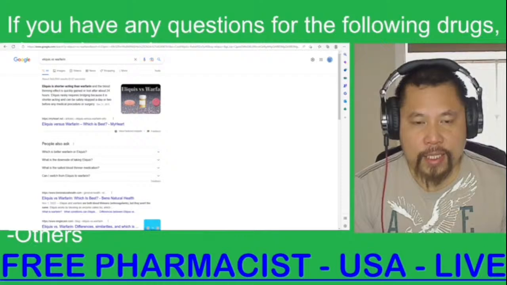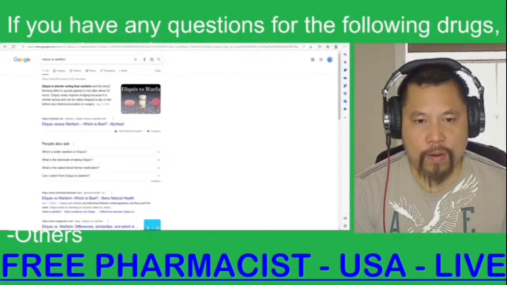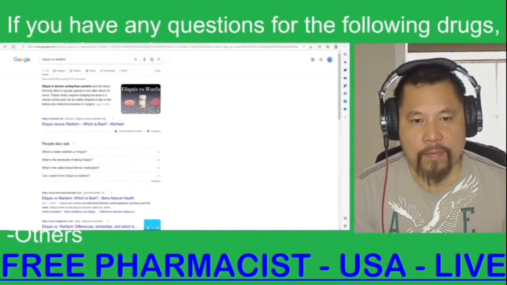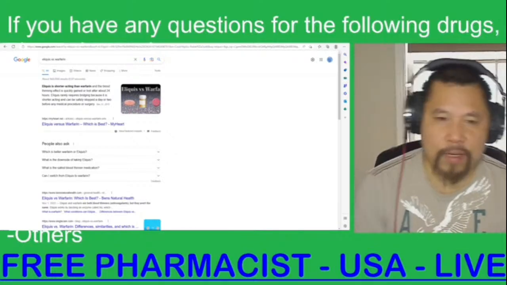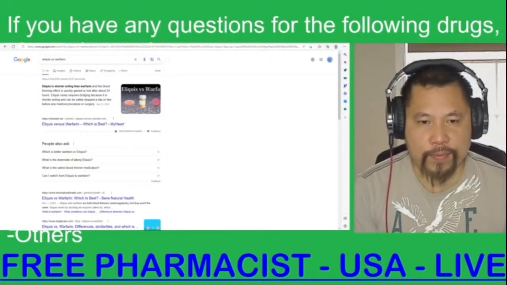But Eliquis does not need frequent follow-up or tests. No test is required to make sure the Eliquis level is enough in the body. No, we don't have that test. It's very expensive.